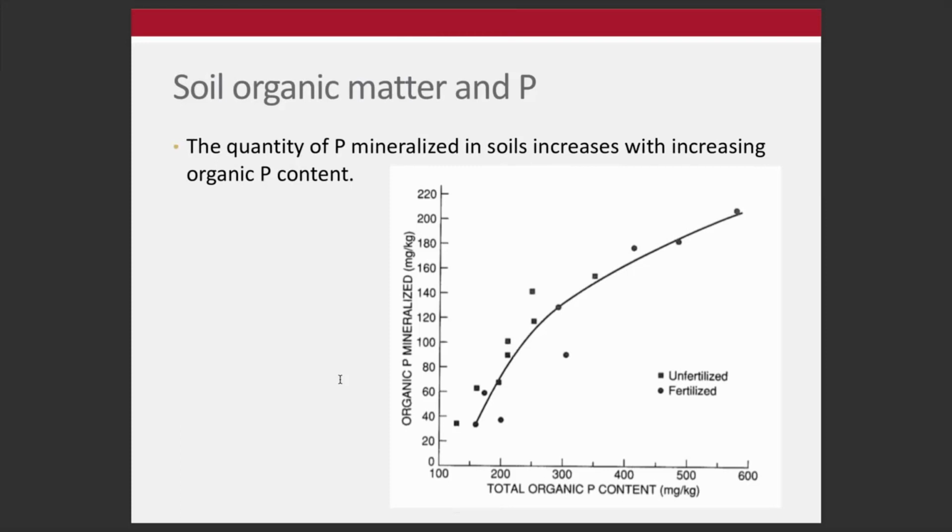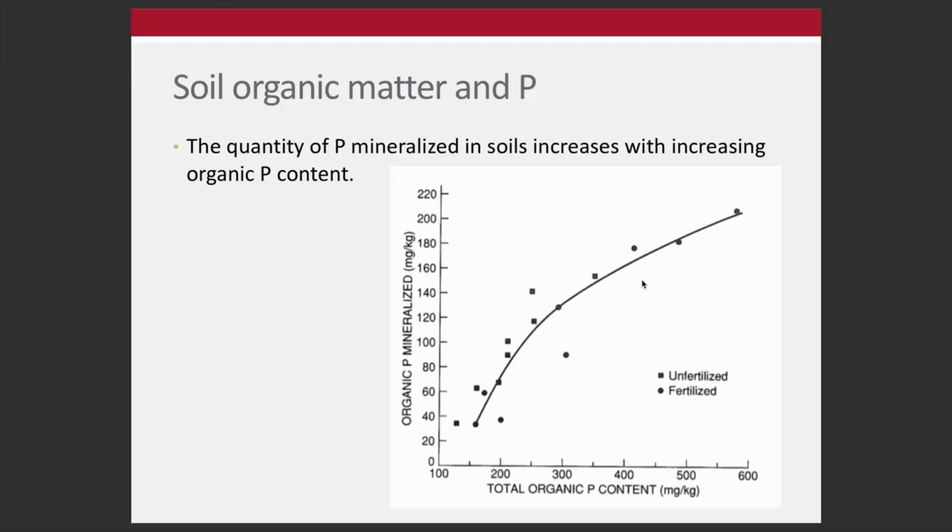Quantity of P mineralized in soils increases with increasing organic P content. So not just, when organic matter increases, organic P increases, but when organic P increases, our total P mineralized from that organic source increases as well. Okay, so that makes sense, right?